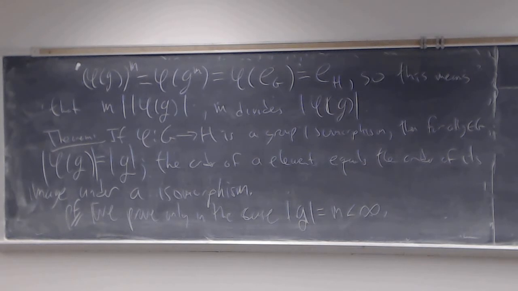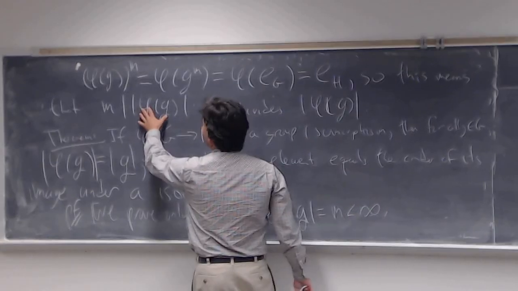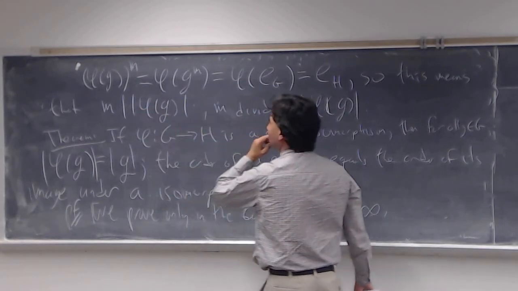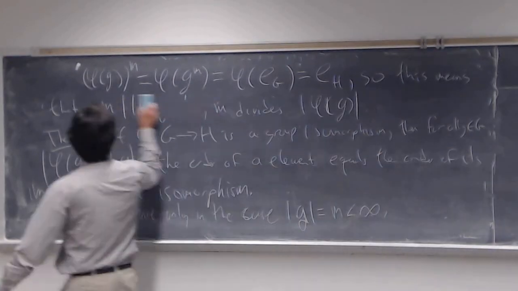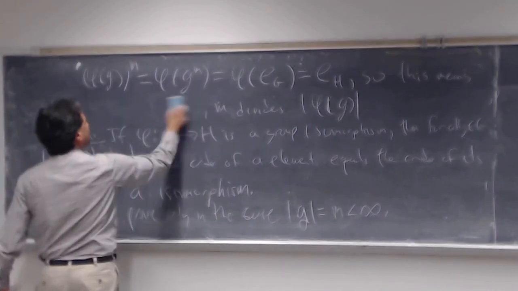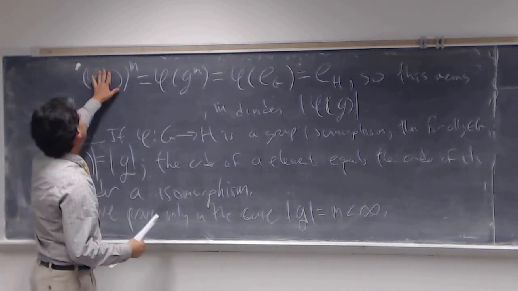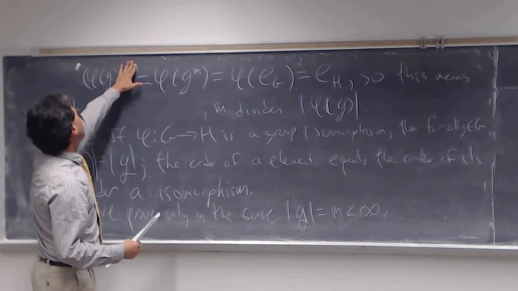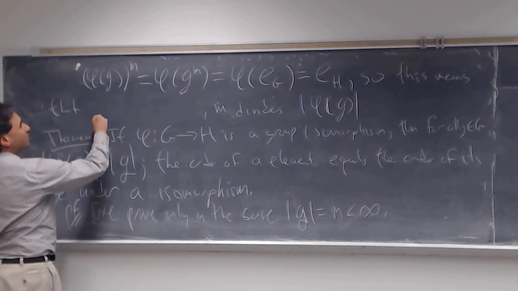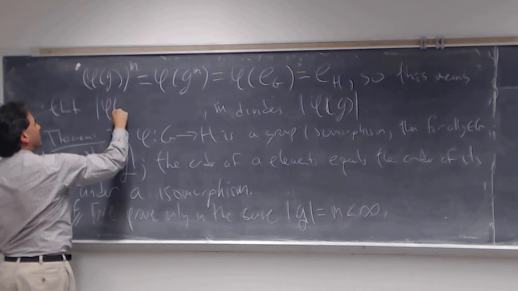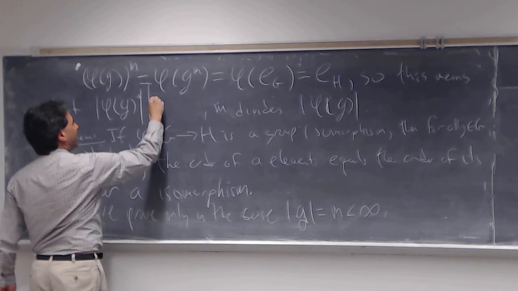Right? Remember, the order is going to be the smallest positive integer. Oh, let me take that back. No, I don't think I've got it right. Raising to the M power takes you to the identity, but there may be something smaller. So the actual order is the smallest positive power. So this means that the order of the image divides M.